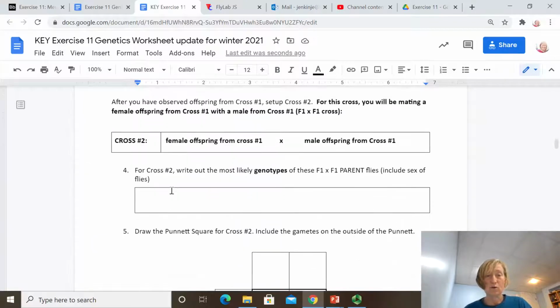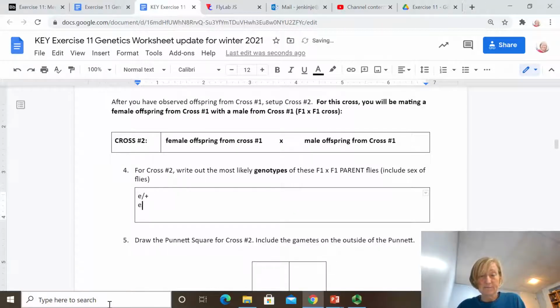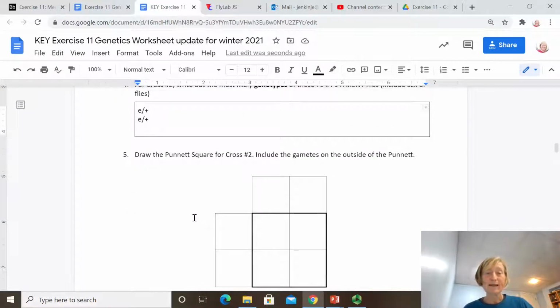So if I scroll down here, what are the likely genotypes of the F1 by F1 parent flies? I think they're going to be like this. I think they're both going to be heterozygotes. They're both wild type in appearance, but they have that ebony allele. And then I can predict what the offspring from cross 2 will be that I'm going to mate in a minute on my FlyLab.